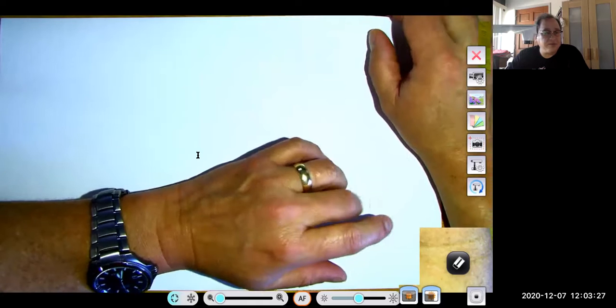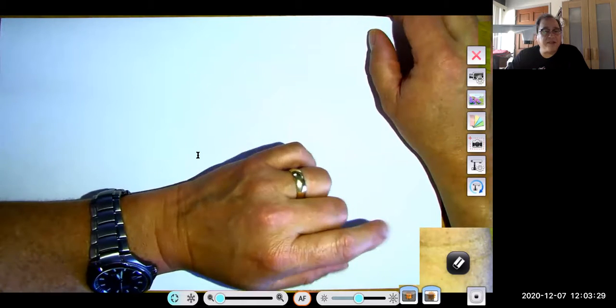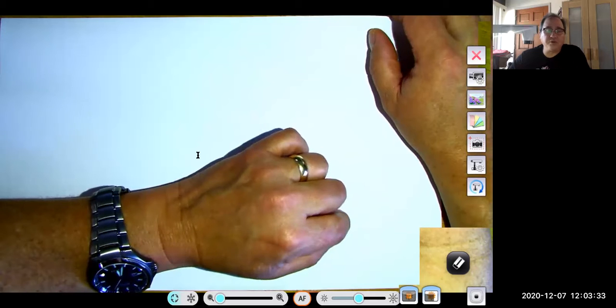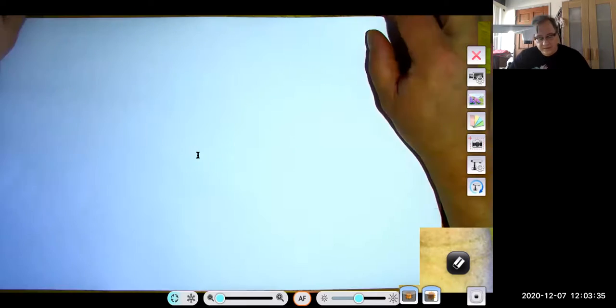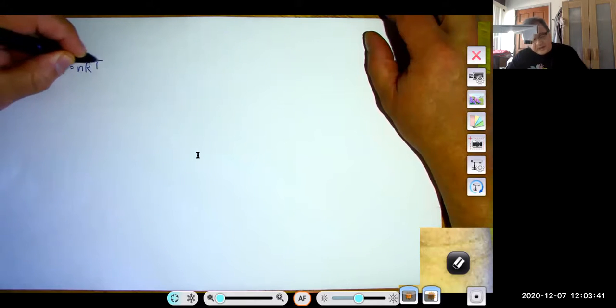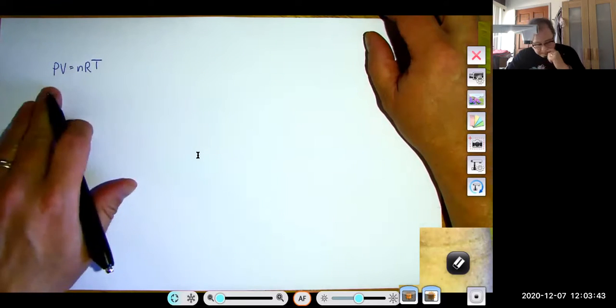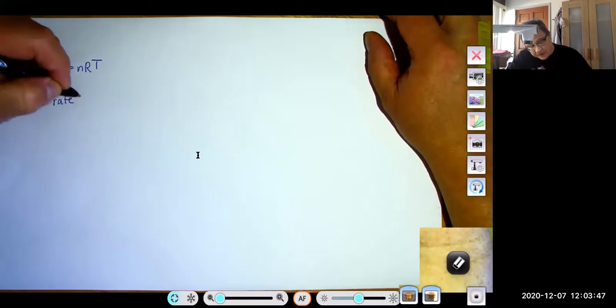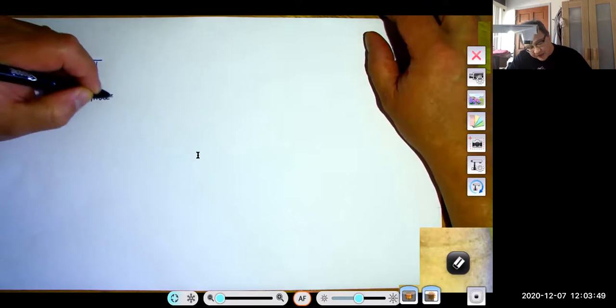So in the lecture, I tell you that the rate is either going to be the volume per time or the moles per time. And the reason for that is wrapped up here in the ideal gas law. So the rate is going to be moles per time, and that's normal.